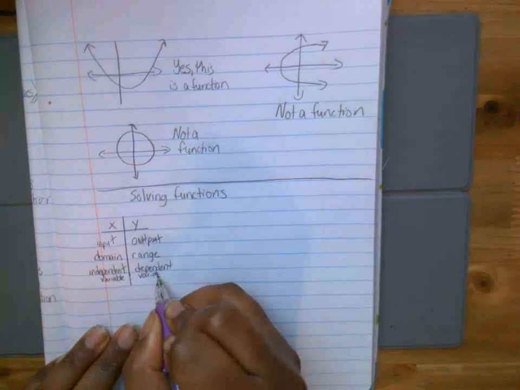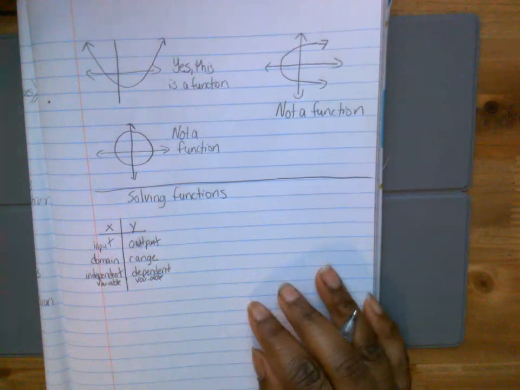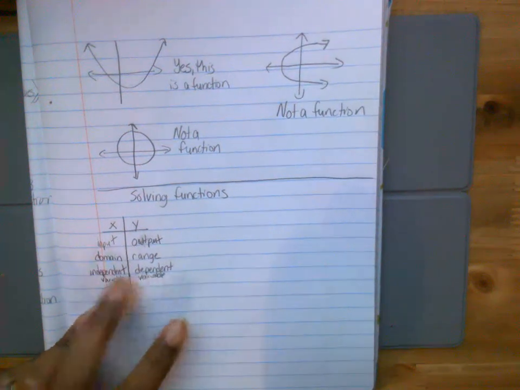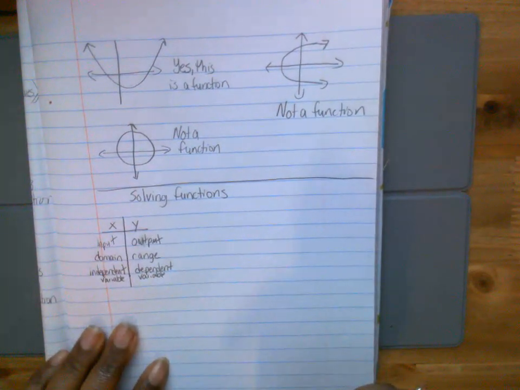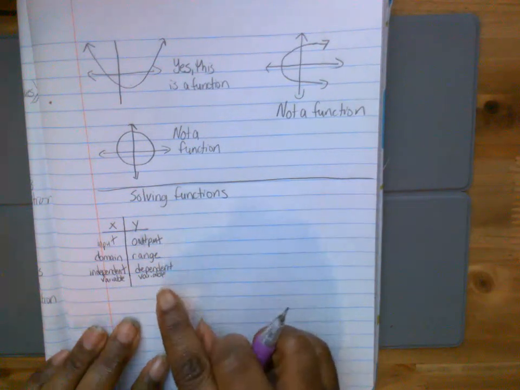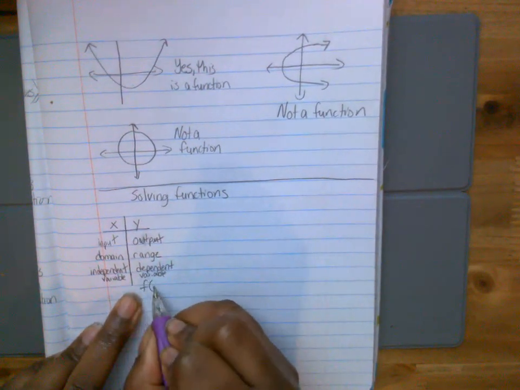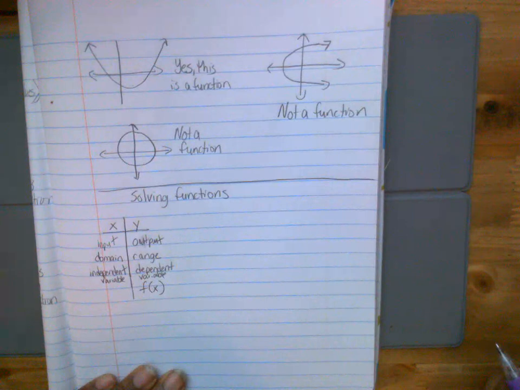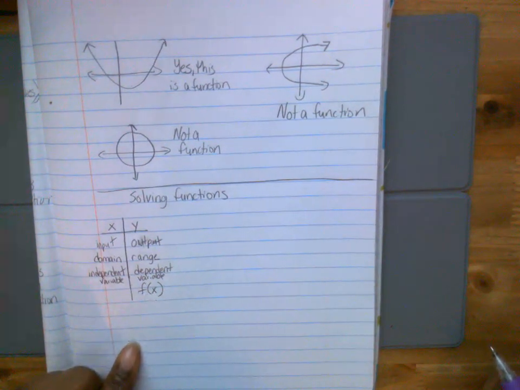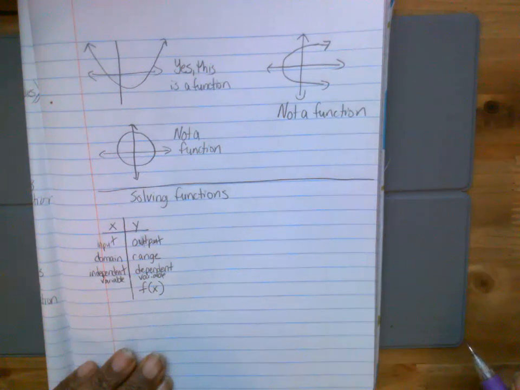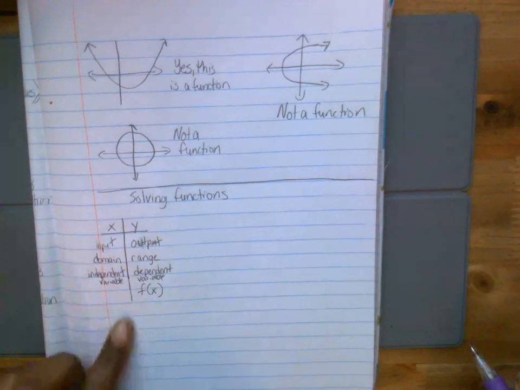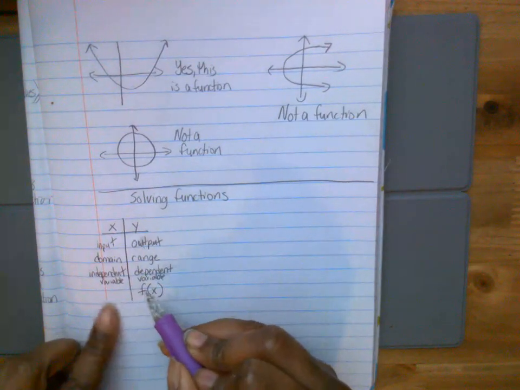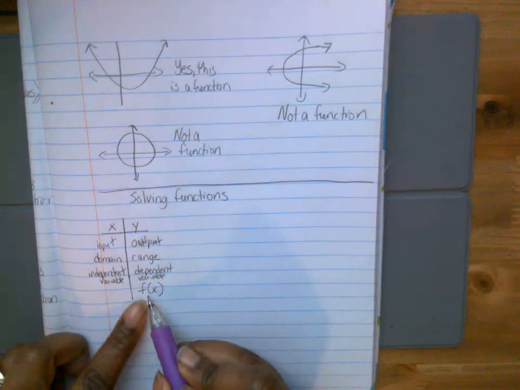In order, the value for y depends on whatever x is. Your y is depending on x. And the last synonym for y is f of x. The f stands for function of x. And y is a function of x. Why? Because you have to know what x is in order to get y. So the f stands for function.